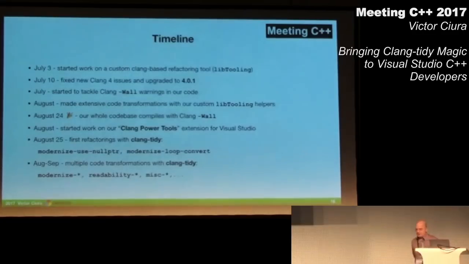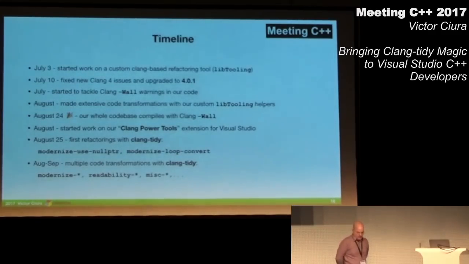And we started work on a custom Clang-based refactoring tool built on top of libtooling that helped us do some code transformations that were quite big and mechanical. And those were something that we definitely couldn't do with simple grep replace or regular expressions.